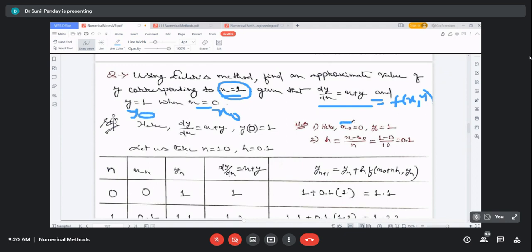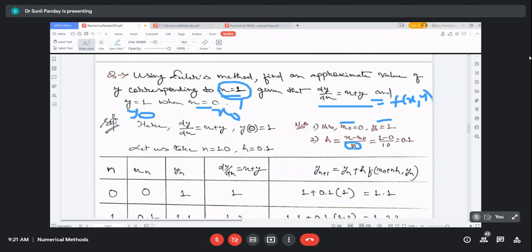So first we identify x0 and y0, and then we divide the interval from 0 to 1 into n subintervals. If you take n as 10, you get h equal to 0.1. And if you take n equal to 100, then h is small. So if you increase the number of subintervals between x equal to 0 and x equal to 1, your approximated values are more accurate.